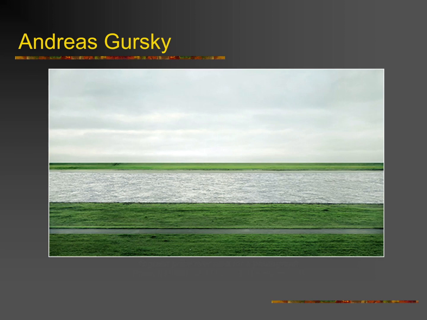But Andreas Gursky, I think if you take some time to look through and study the principles and elements of art and look at his images, you'll find that he subtly uses them to great effect.